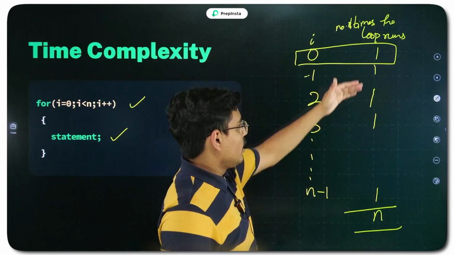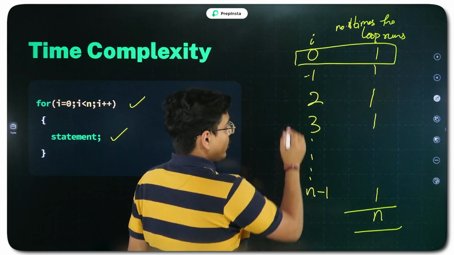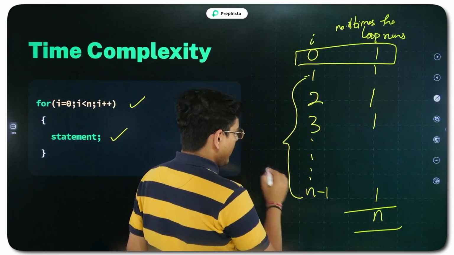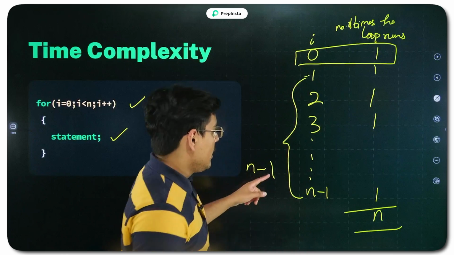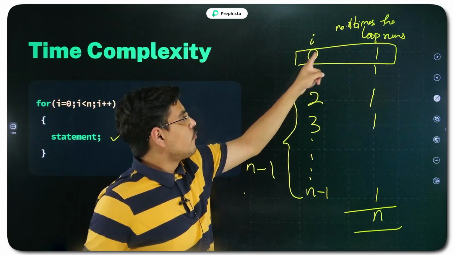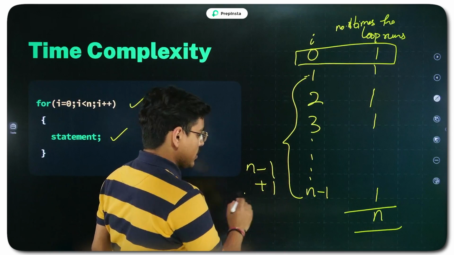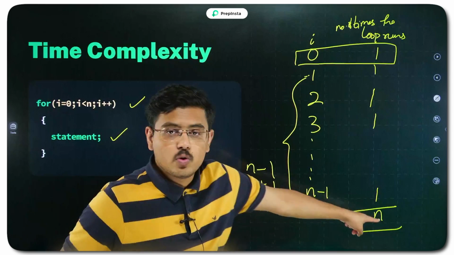So if you go till n minus 1, these will be n minus 1 units from here to here, correct? And this one, once it has run for the 0 value of i, I'll add that up. So n minus 1 plus 1 becomes n. That is how you get this n.